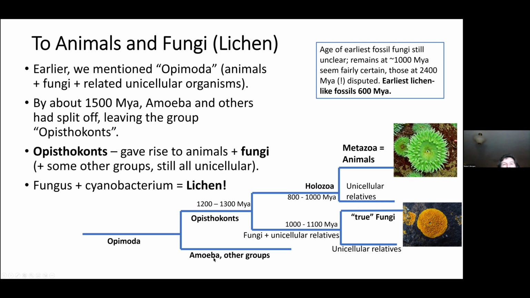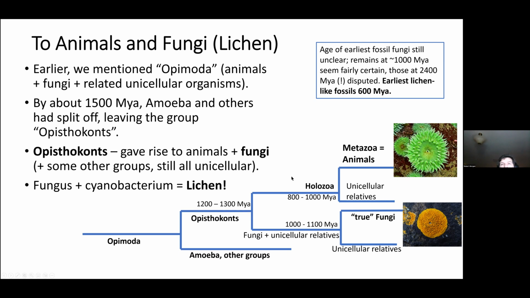And again, amoeba is one of these things that's commonly studied in schools as a very animal-like single-celled organism. The other branch gave rise to what are called opisthokonts, and both animals and fungi are opisthokonts. And that group, again, goes back a long way, well over 1,000 million years ago.